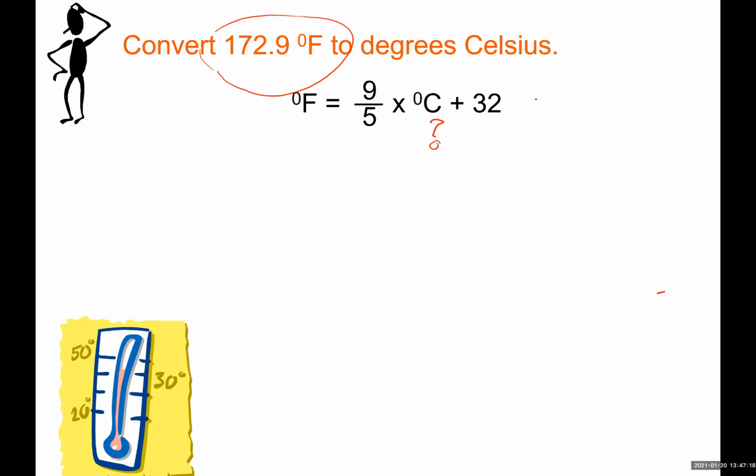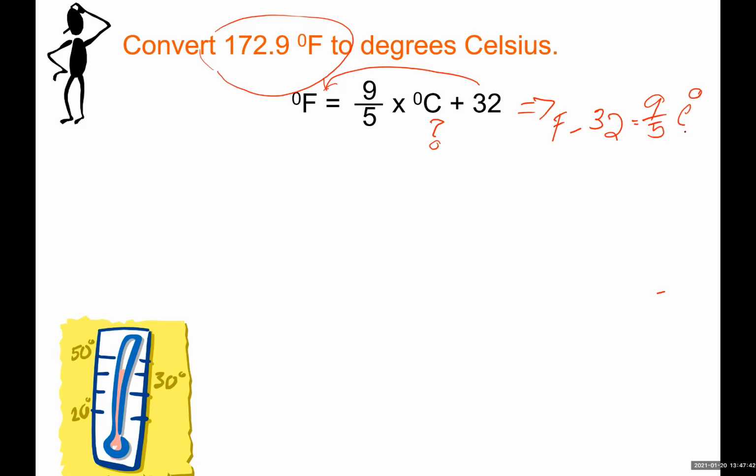Can I write, let's say here, let's move this to the other side. Can I get Fahrenheit minus 32 is equal to 9/5 Celsius? Can I do this? This is Celsius.